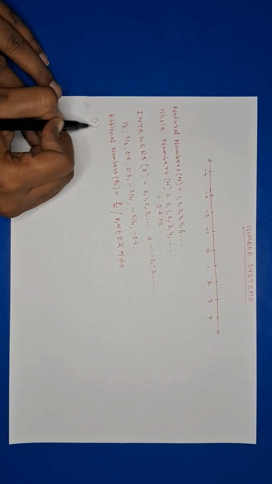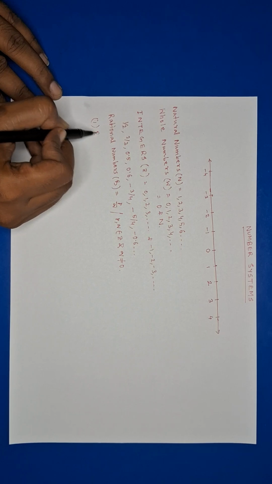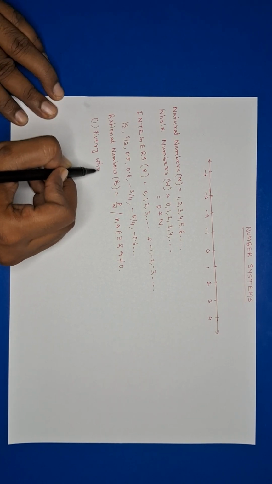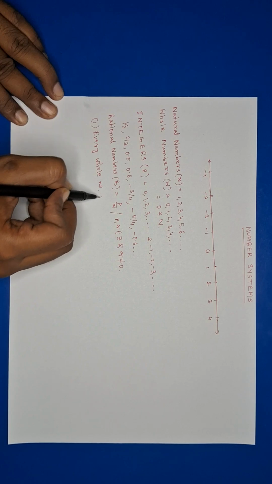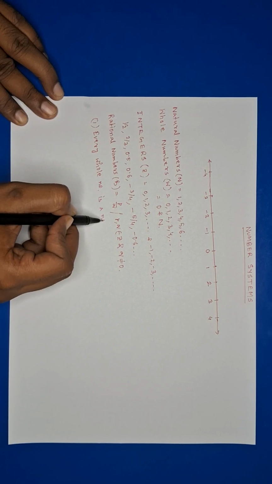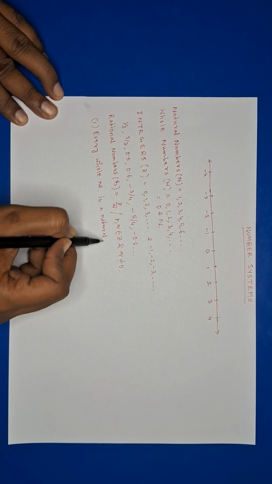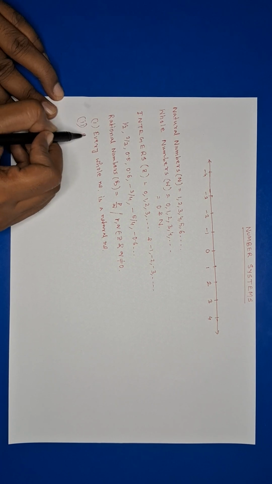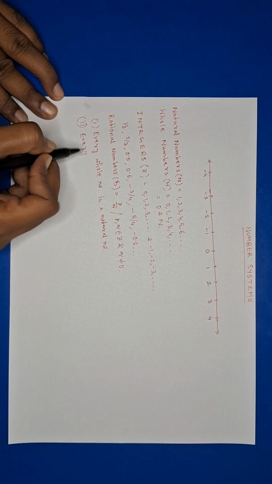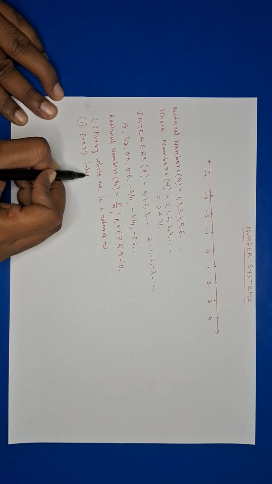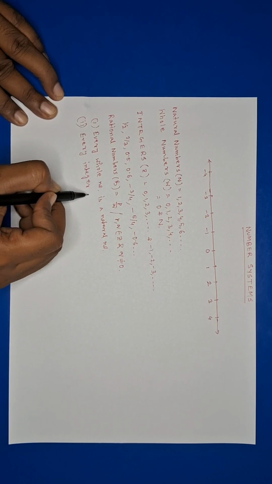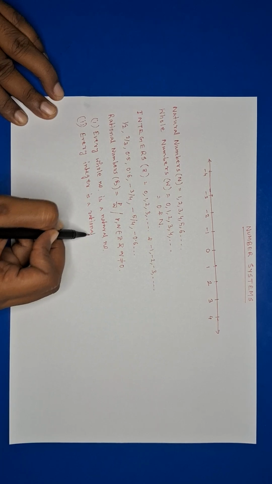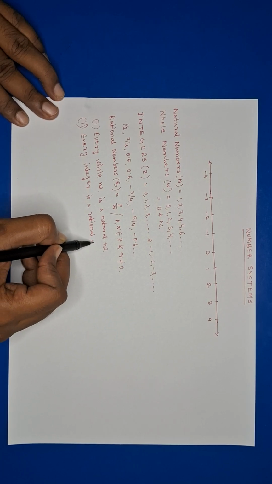First statement is every whole number is a natural number. Second statement is every integer is a rational number.